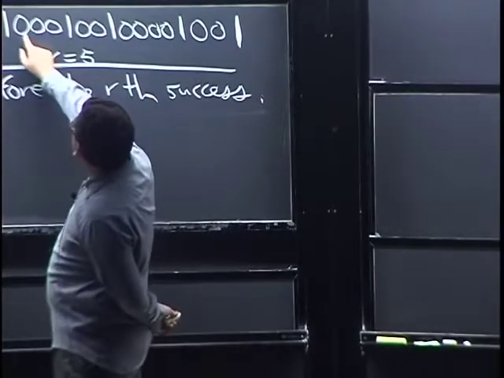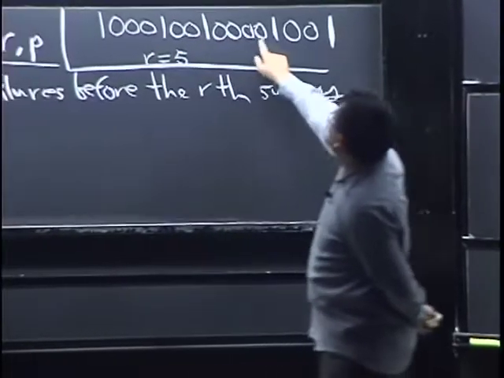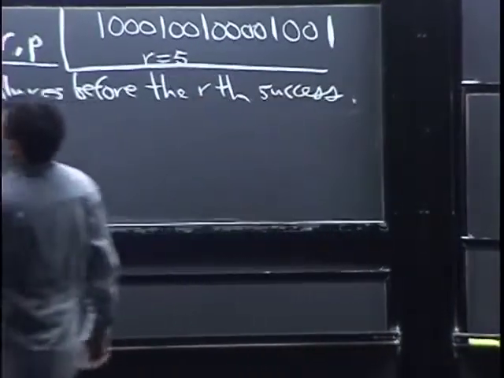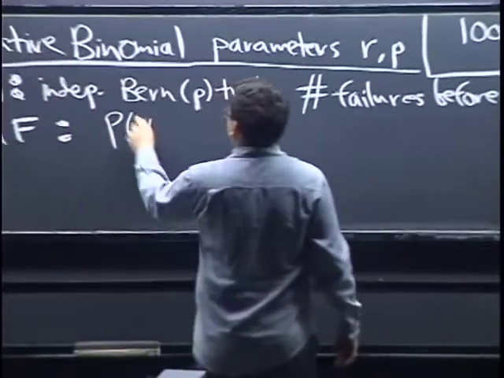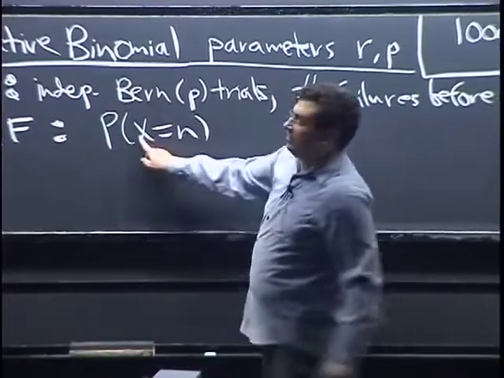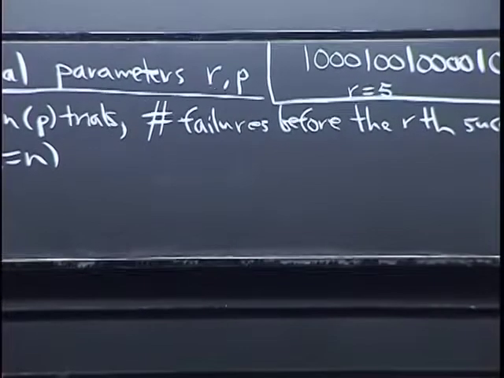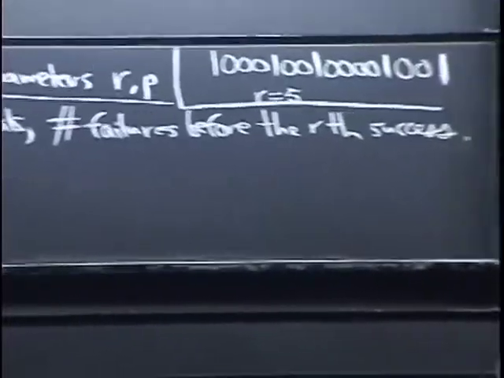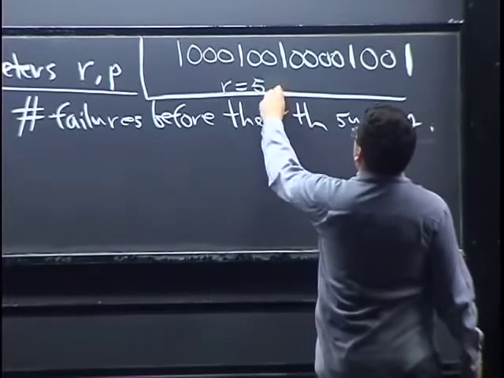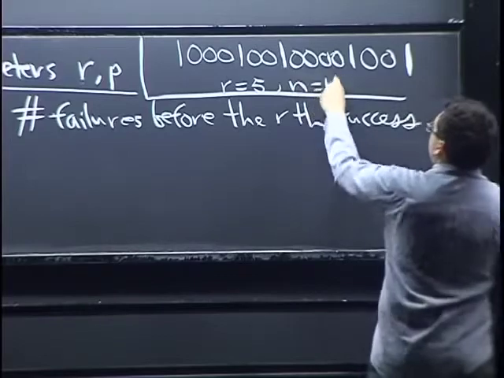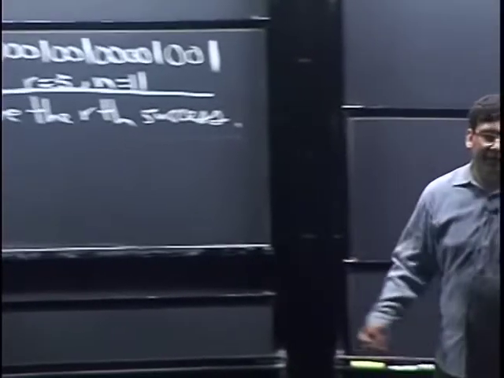How many zeros were there? 1, 2, 3, 4, 5, 6, 7, 8, 9, 11 zeros? So we want the probability that X equals n, let's say, if X is negative binomial. X equals n would mean that there are 11 failures, right? So n equals 11 in this example. Okay, and p is whatever it is. We don't have to worry about p right now.